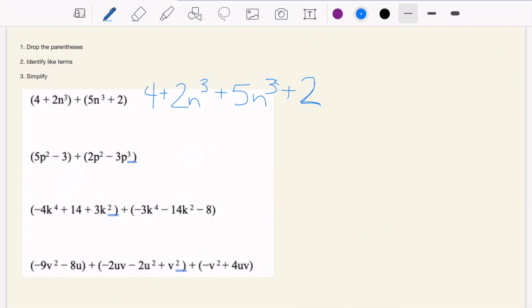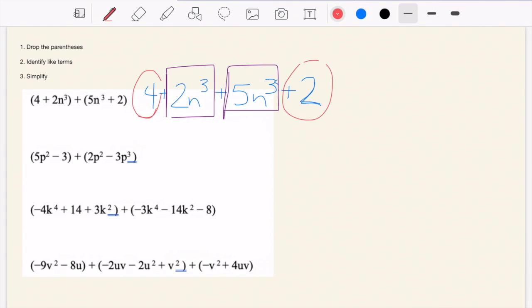Identify the like terms. In this case, we have 2n cubed and 5n cubed, and we have 4 and 2. 4 and 2 are like terms because they are numbers by themselves. They have the same last name.